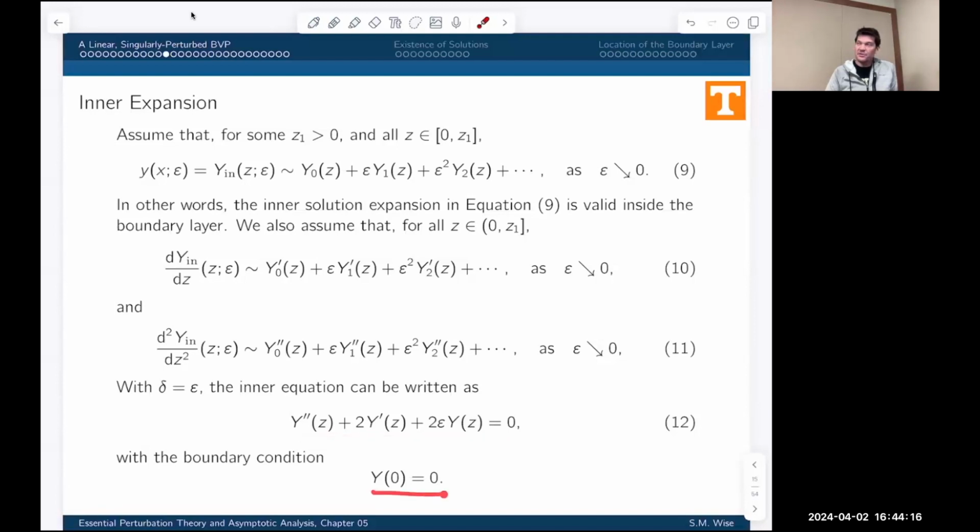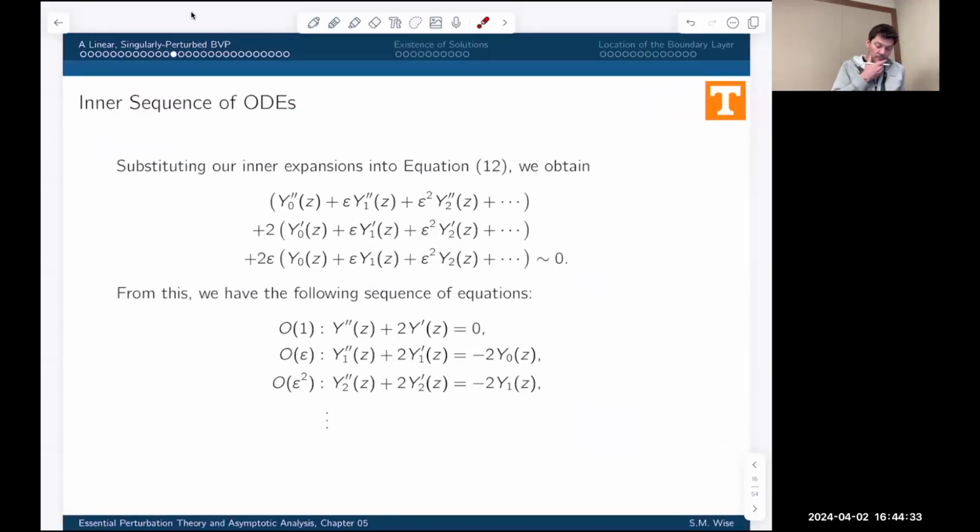It either needs two initial conditions or two boundary conditions in order for me to solve this problem exactly. But let's not worry about that quite yet, because there is going to be a way that we can determine these things exactly. For now, we're just going to throw our expansions into the equation, and then we're going to do our regular perturbation analysis as before. Well, actually, we did a singular perturbation analysis in the outer solution region. We're going to do regular perturbation analysis here with the inner expansion.